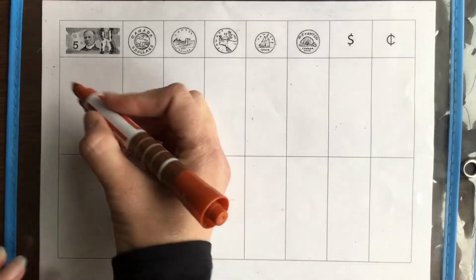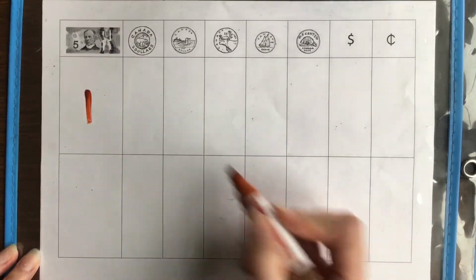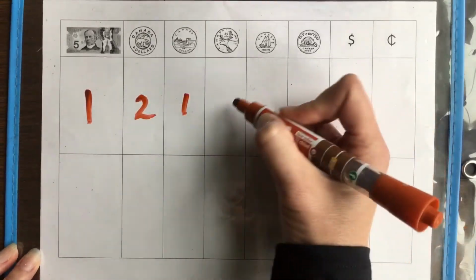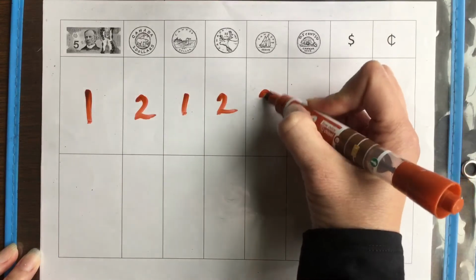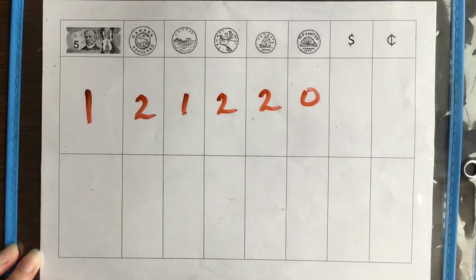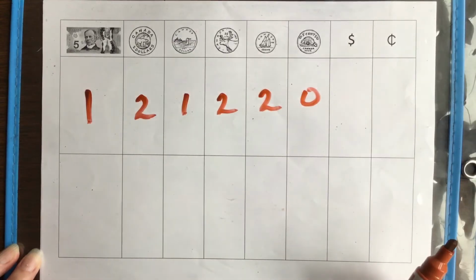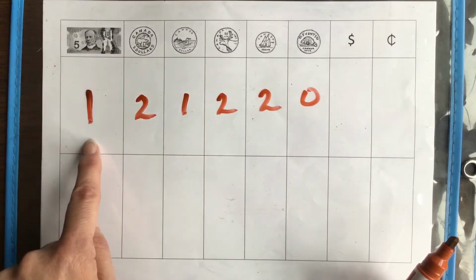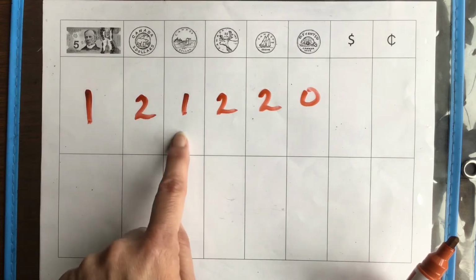All right, what if I had 1 $5, 2 toonies, 1 loonie, 2 quarters, 2 dimes, and 0 nickels? All right, what is my total of dollars and cents? Well, first I look at the dollars. I have 1 $5, 2 toonies, and 1 loonie.